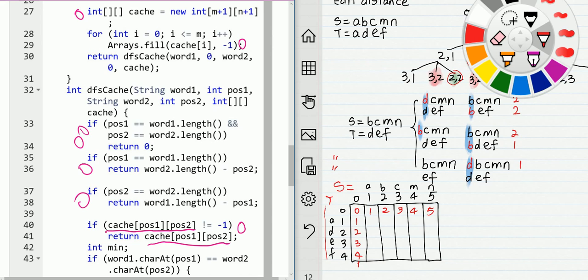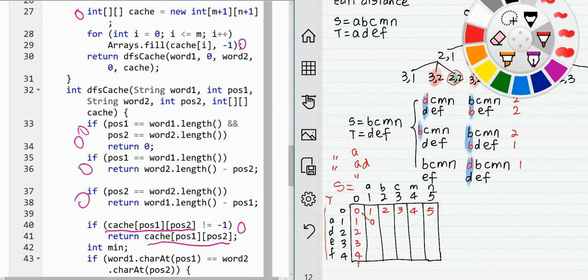Now, because a equals a, we should come here. We look at s before a, that's empty, and t before a is also empty, so the edit distance is 0. That's true, because for a and a, the edit distance is 0. Now we move to T is AD, S is A. We fill this row.